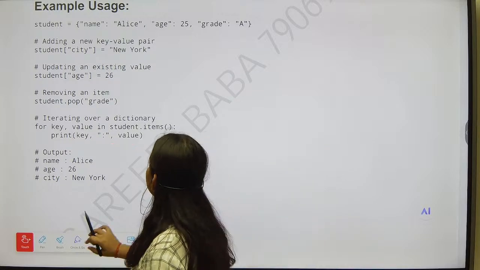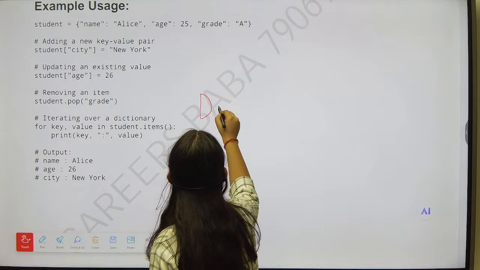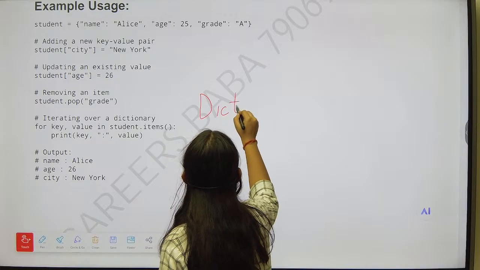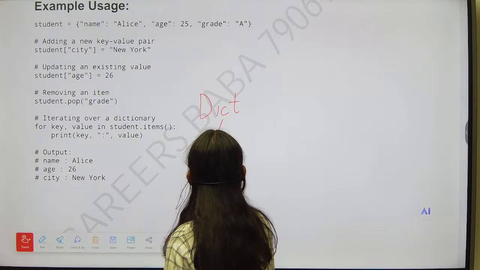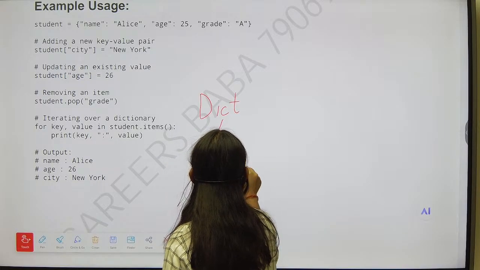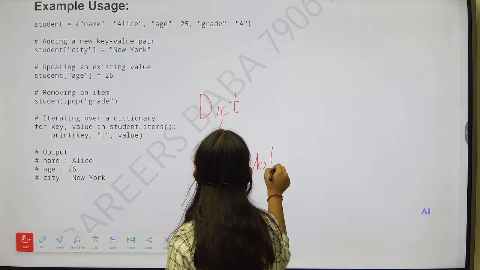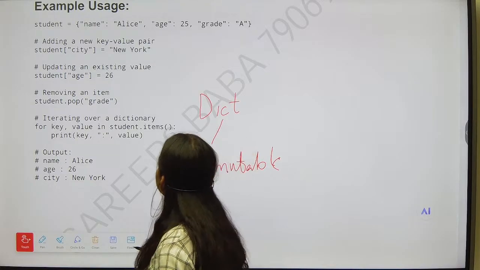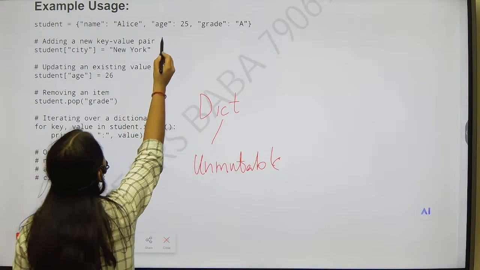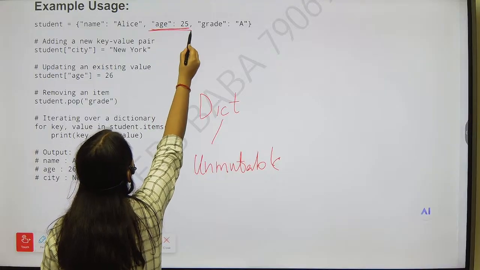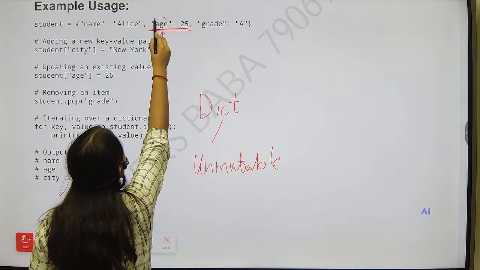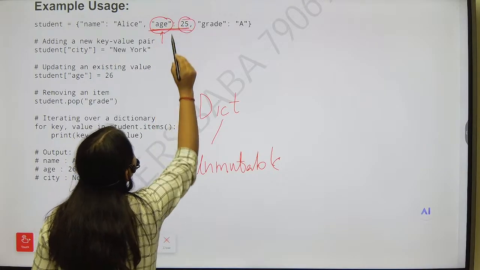So basically, when you say that dictionary is immutable, it means you cannot change the keys. When you are writing age equals 25, you are not changing the key, you are just changing the values.